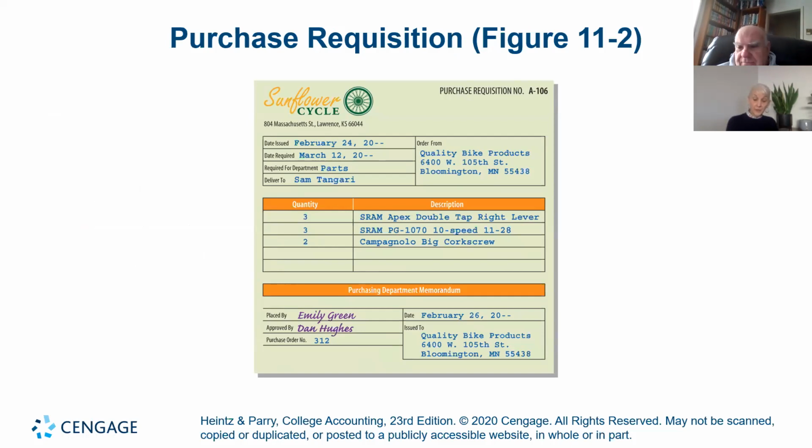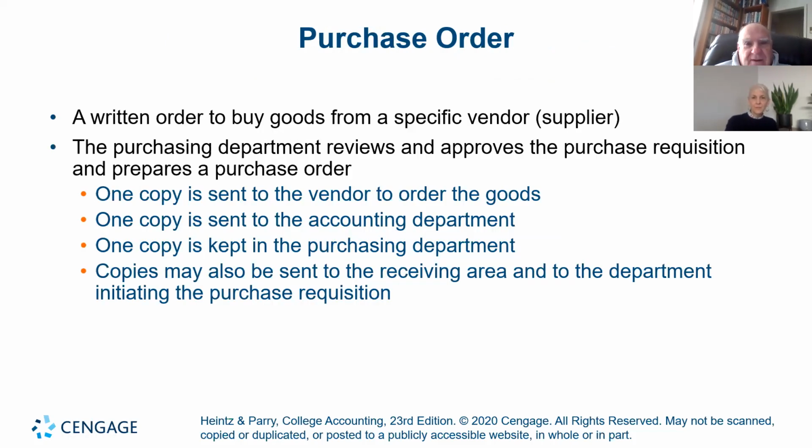I don't use them because I am every department of my business, but yeah, I know. There you go. Well, here, this is Sunflower Cycle, and somebody is asking for something. Emily wants to buy a double tap lever, and she gets it approved by Dan Hughes, and then it goes to CMT and Geary in purchasing.